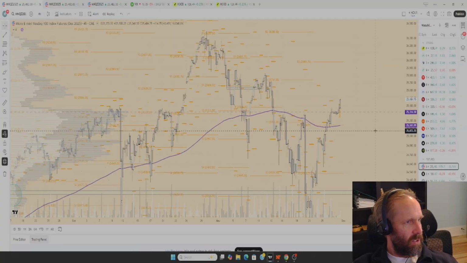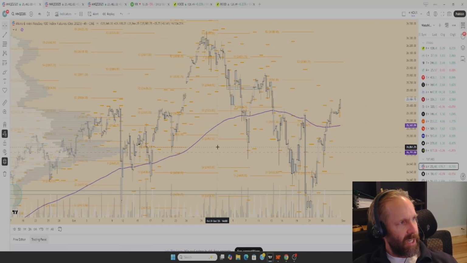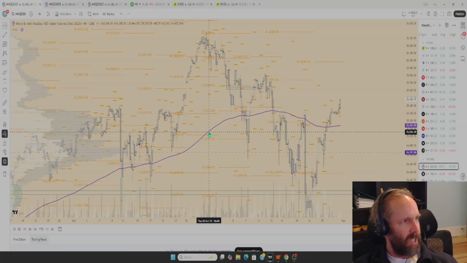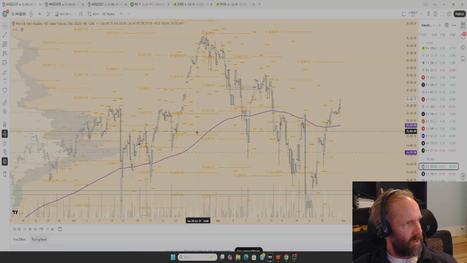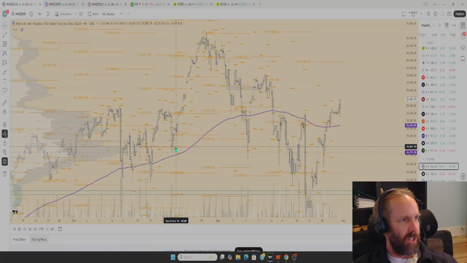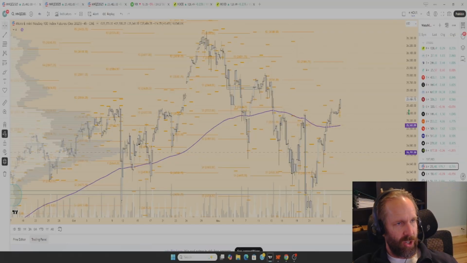So a good rule of thumb when you're looking at charts is whichever way price is in relation to the EMA is the way that you should trade. When price is above the EMA, they say trade long, and when price is below the EMA, they say go for shorts.